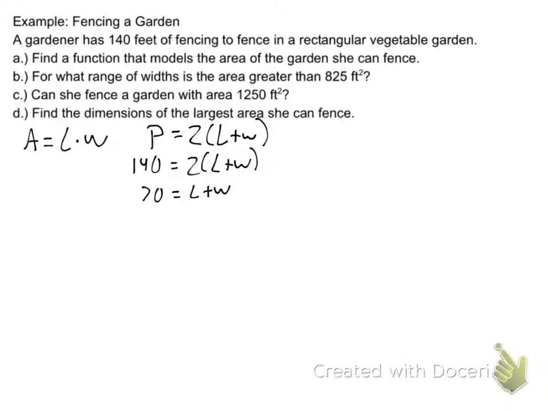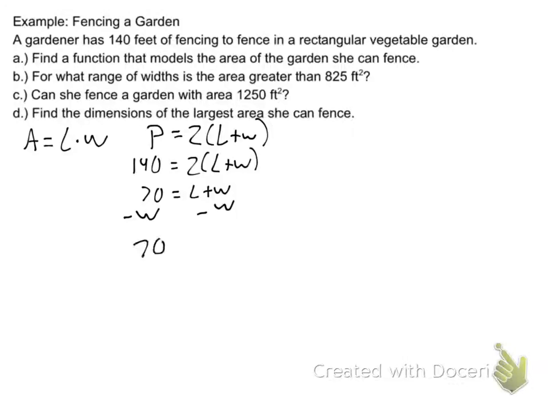So therefore, how can I place those 2 functions together in a way that keeps W and gets rid of L? Minus the what? W. Minus the W. Why? Yeah, then I'm going to substitute.